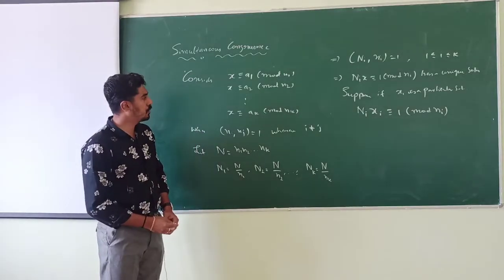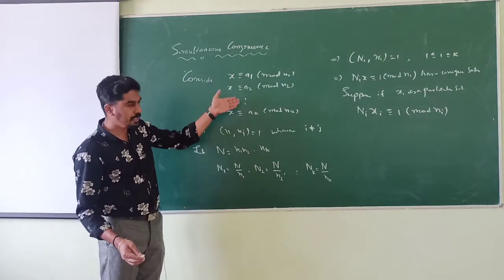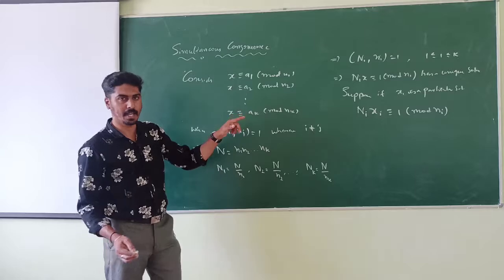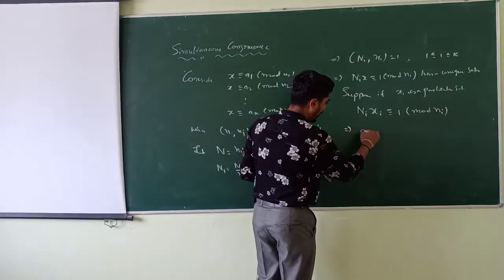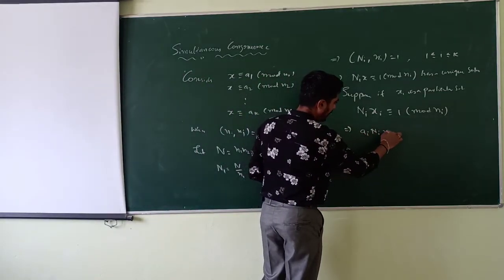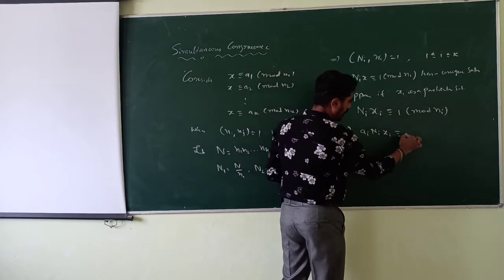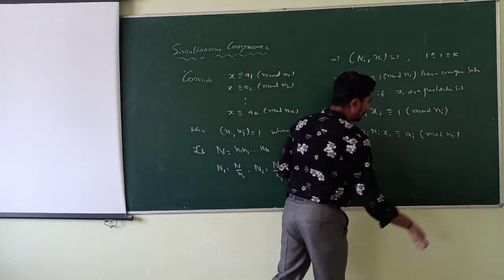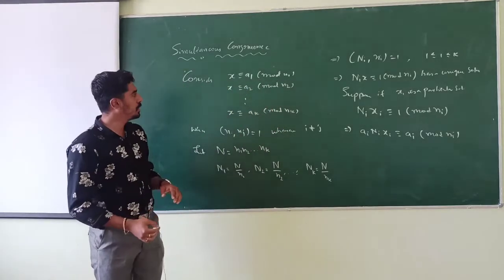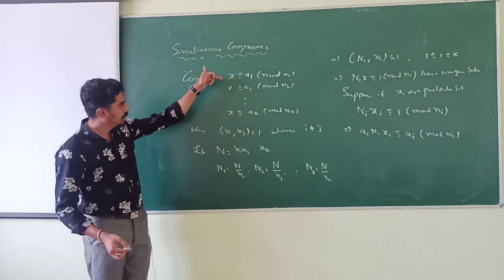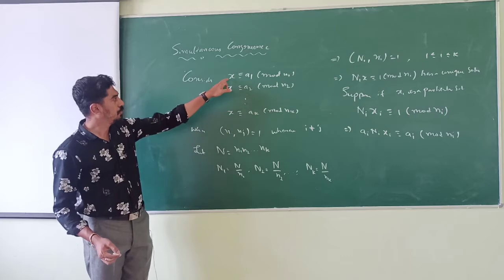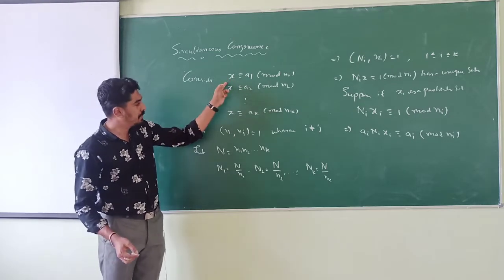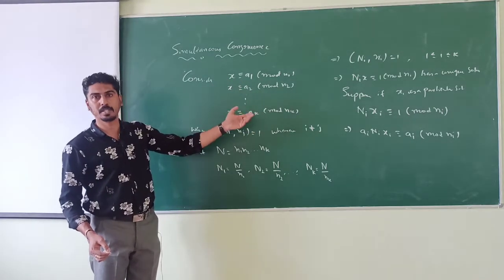To get a solution for the required congruence, I multiply both sides by ai. This implies ai Ni xi is congruent to ai mod ni. So we have got a solution for these congruences. For the first congruence, a1 N1 x1 is a solution.